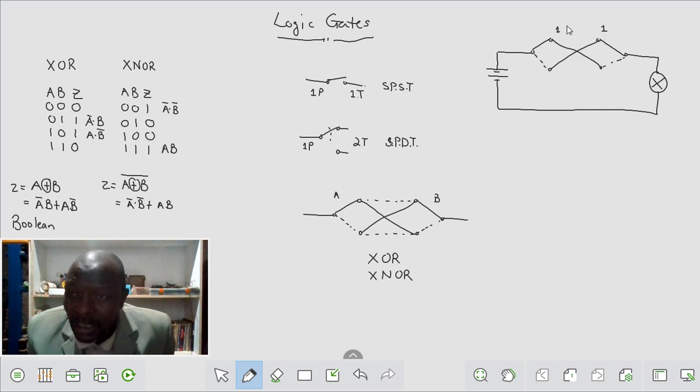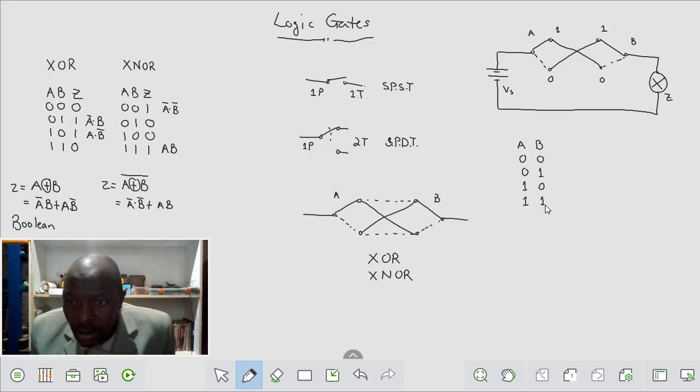The lower ends, let's call them 0. So we've got switch A and switch B, our supply, and this is our output, the load Z. Let's say our switches are in positions 0, 0, 0, 1, 1, 0, and 1, 1.